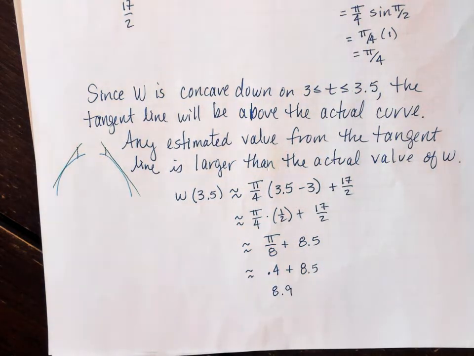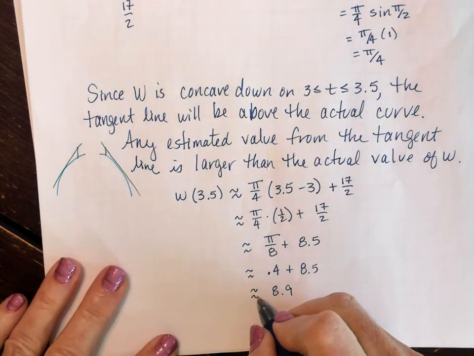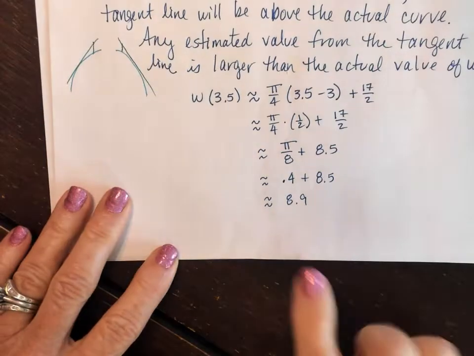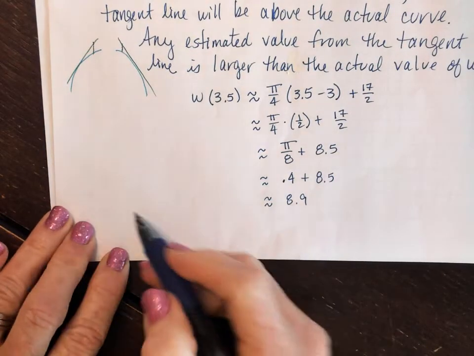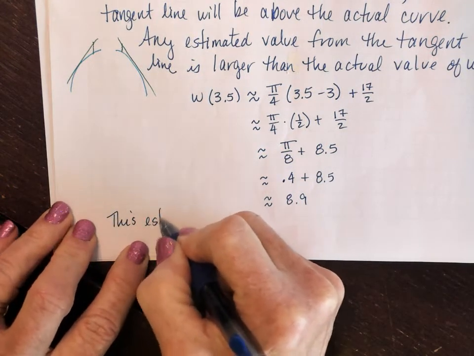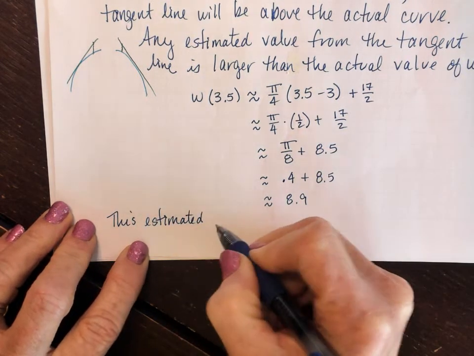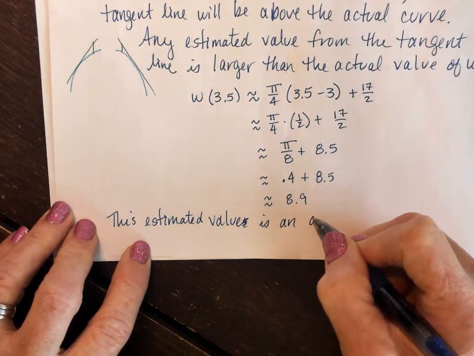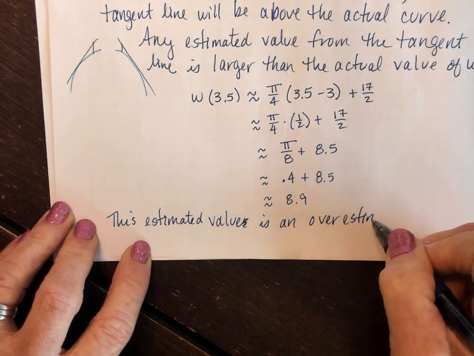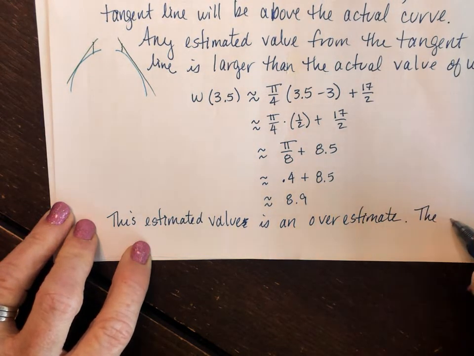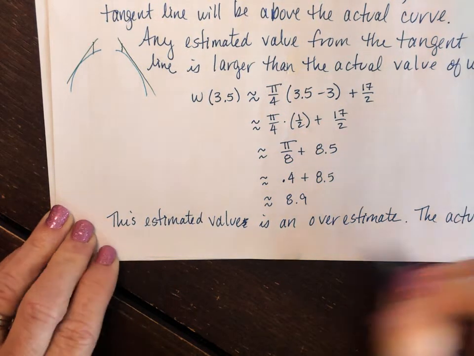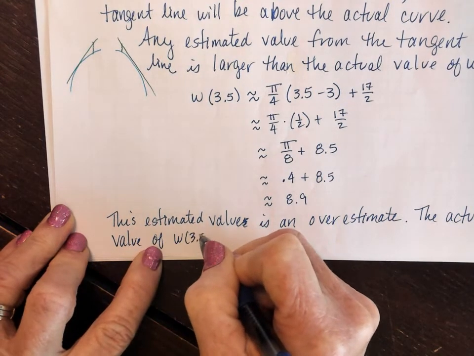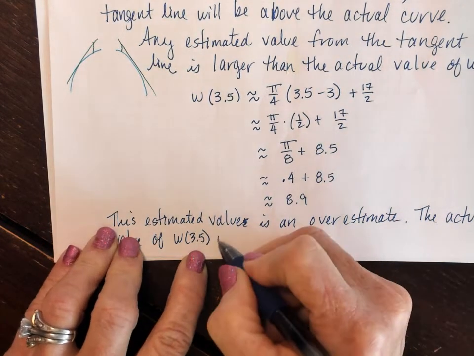So this is saying that your estimate is roughly 8.9, but that estimate is an overestimate, so the actual value of W of 3.5 must be less than that.